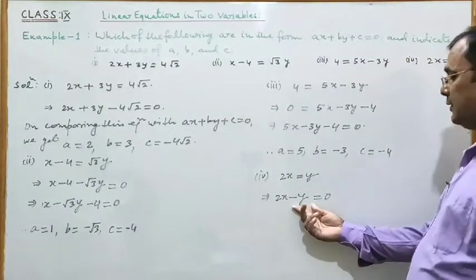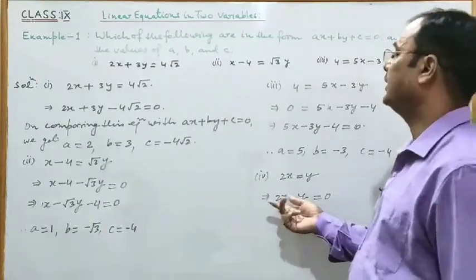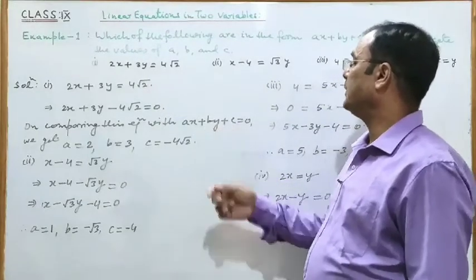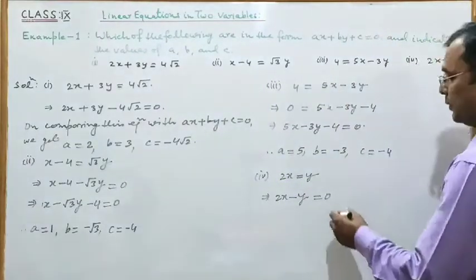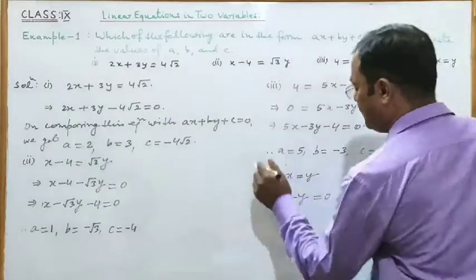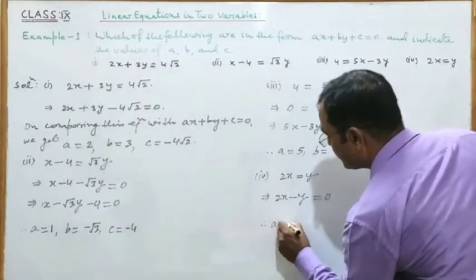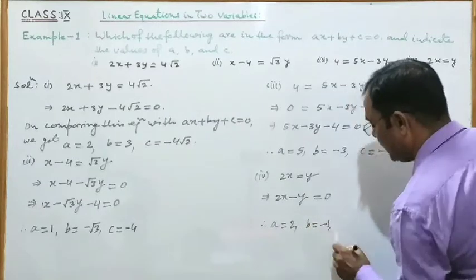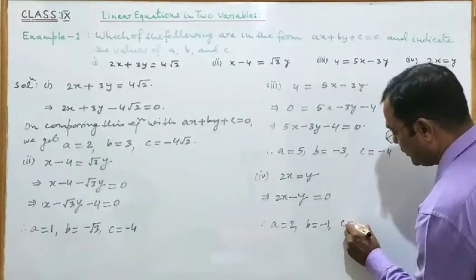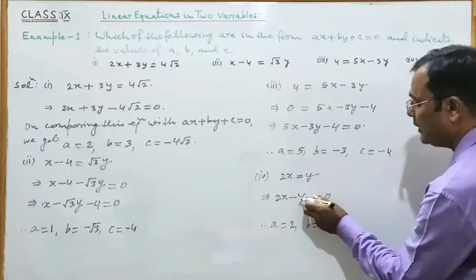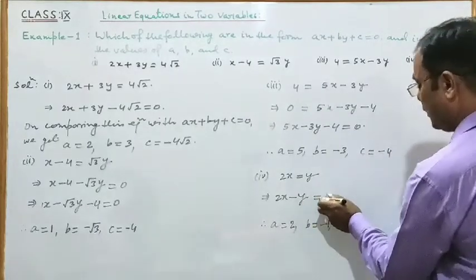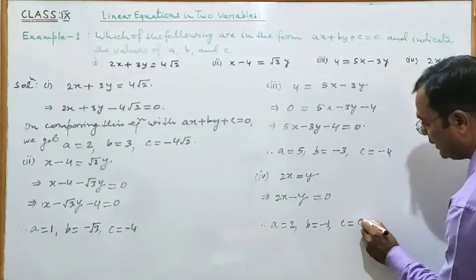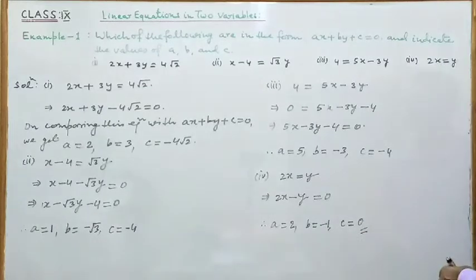Now this 2x minus y equal to 0 is also in standard form ax plus by plus c equal to 0. Comparing this equation with the standard form, we can write a equal to 2, b equal to minus 1, and there is no other constant term c in this equation 2x minus y equal to 0. That means c is equal to 0.